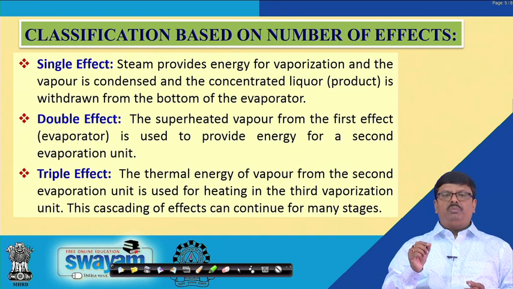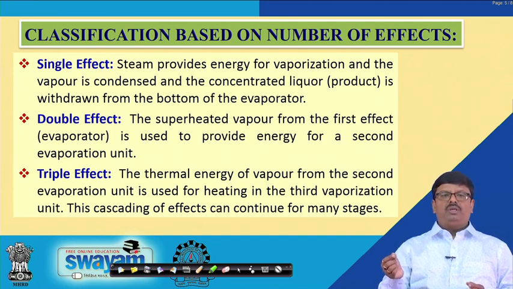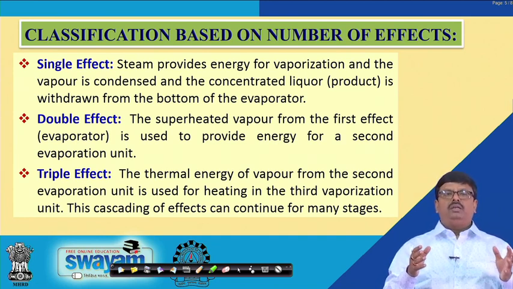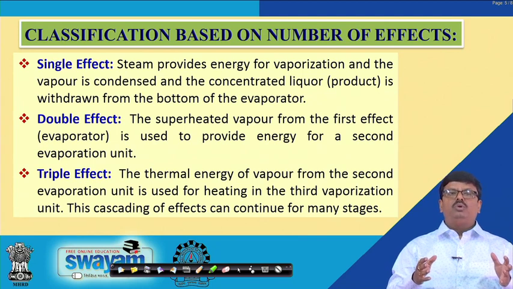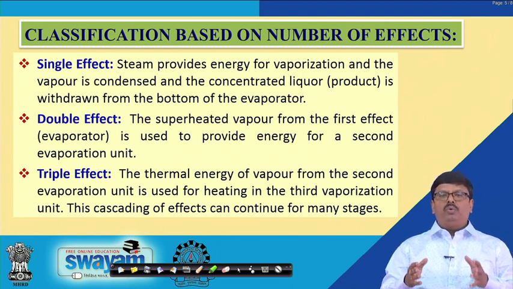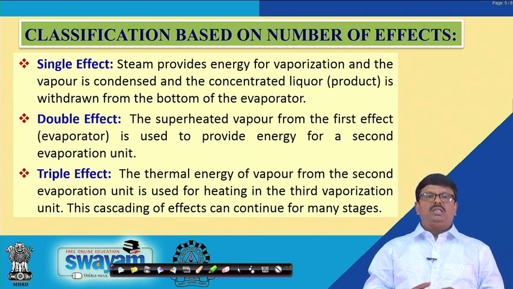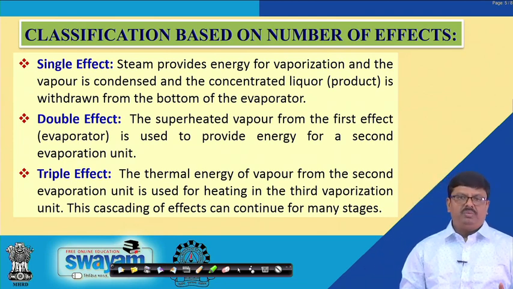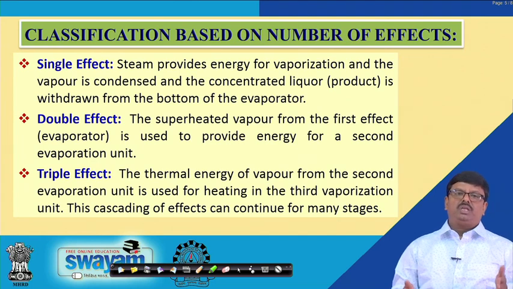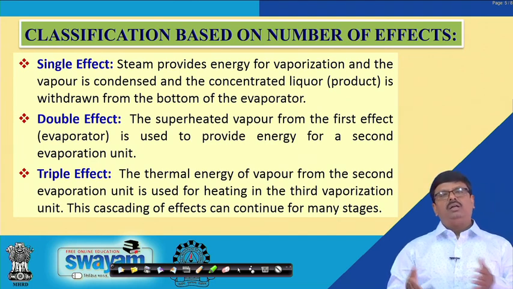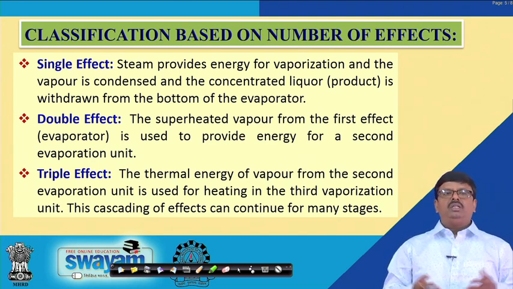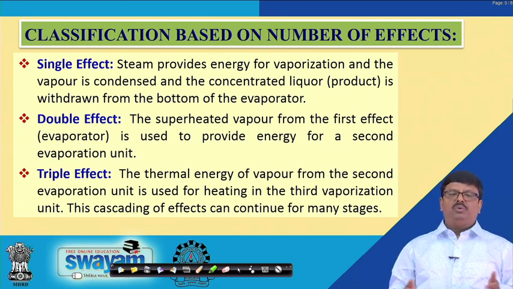So, the superheated vapor released from the first effect is used to heat the fluid in the second evaporation unit. Similarly, in the same fashion we can define the triple effect: the thermal energy of vapor from the second evaporation unit is used for heating in the third evaporation unit. This cascading of effects can continue for many stages.